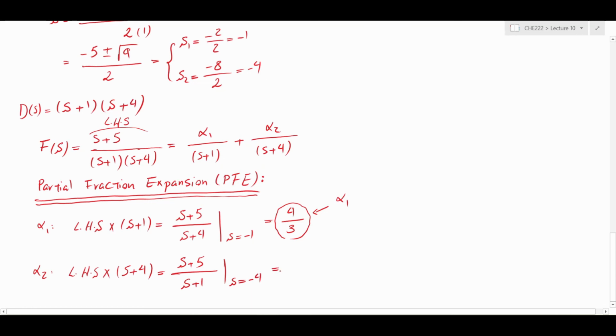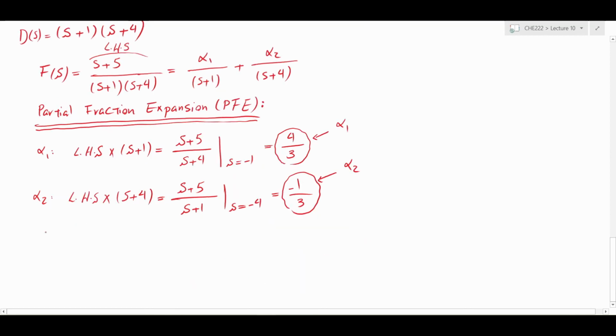So we get minus 4 plus 5 or 1 over minus 4 plus 1 or minus 3. So this is our alpha 2. So now all we need to do is substitute alpha 1 and alpha 2 in the expression that we got for F(s). So F(s) will be 4 over 3 times 1 over s plus 1 minus 1 over 3 times 1 over s plus 4.